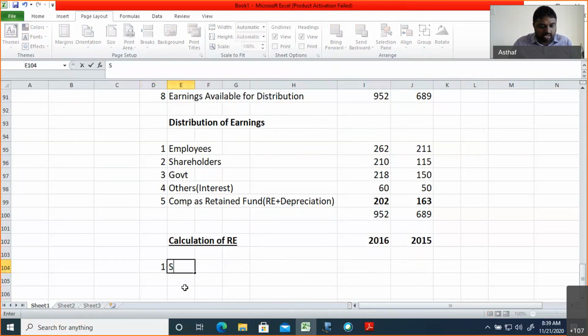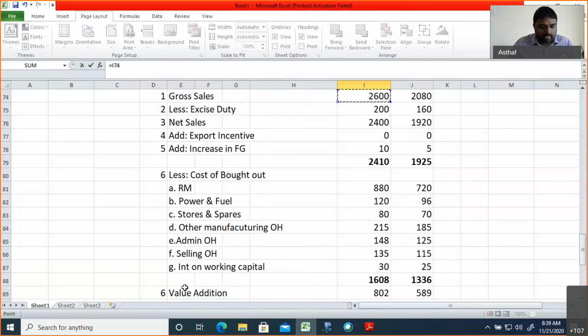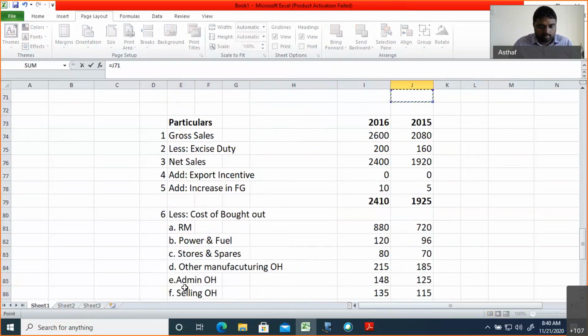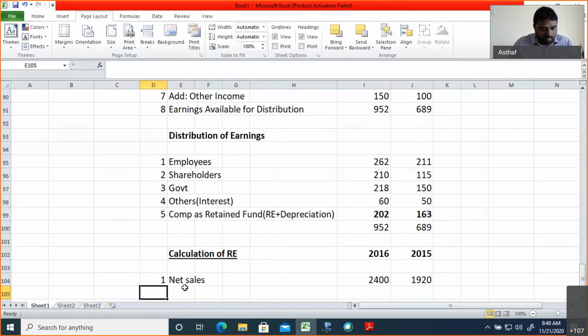So what is your sales? Net sales. Your net sales is this. Add increase in finished goods. What is the increase in finished goods?